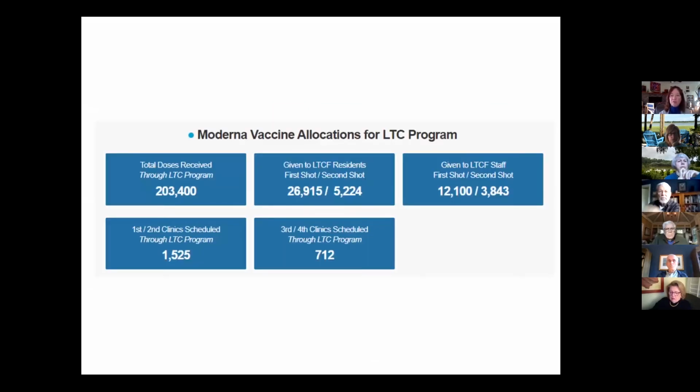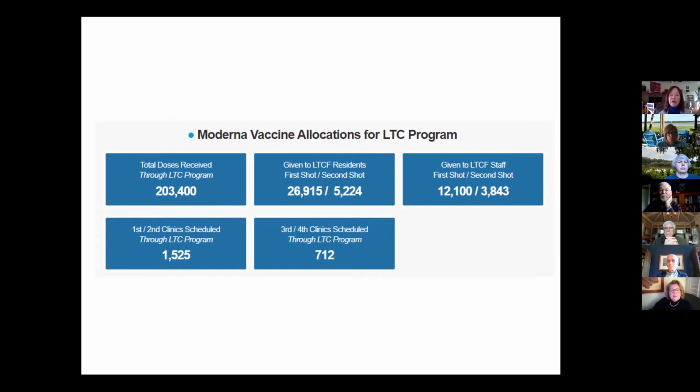What about Moderna for long-term care facilities? This is run through a partnership of CDC and the pharmacies. This is not under direct DHEC control. The vaccine allocations we control, but we don't control the administration to the long-term care facilities.